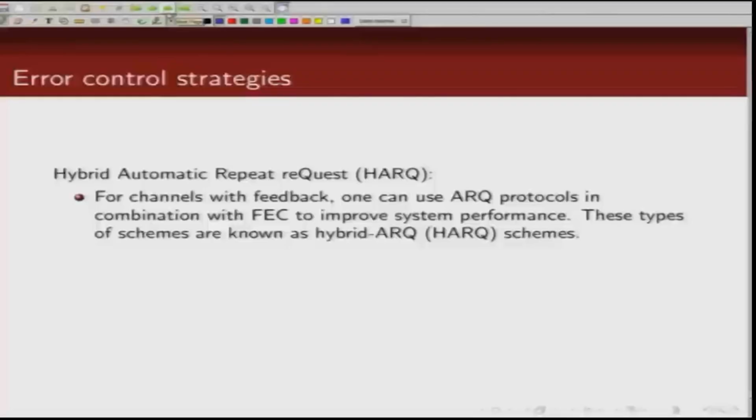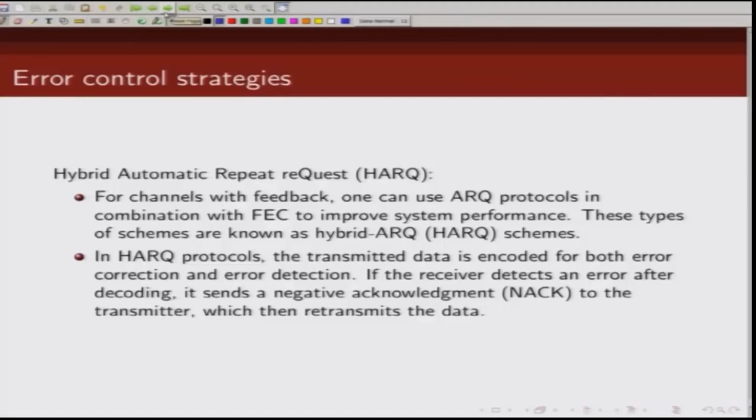So, hybrid ARQ is a combination of forward error correcting scheme and automatic repeat request scheme. Typically, in a communication system you will see a combination of both forward error correcting schemes and hybrid ARQ scheme used.